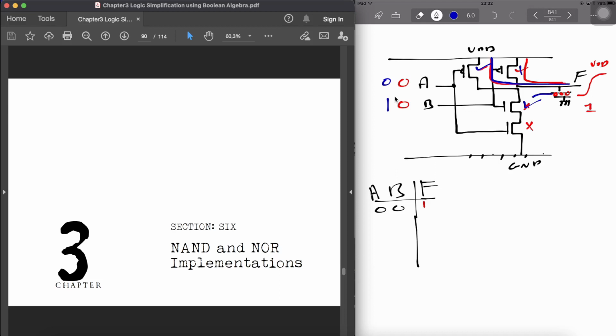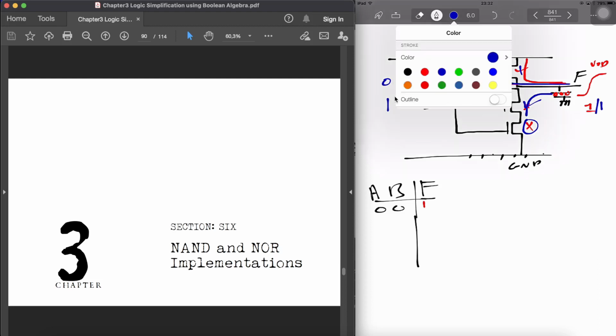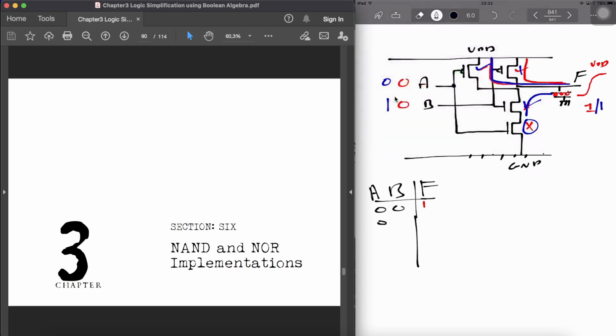Also, it can go down over here, but it's not going to go to the ground because this one is still off. So there's no path to the ground. So we still have a charge, and the output is 1. So that means when it is 0, 1, we have got an output 1.